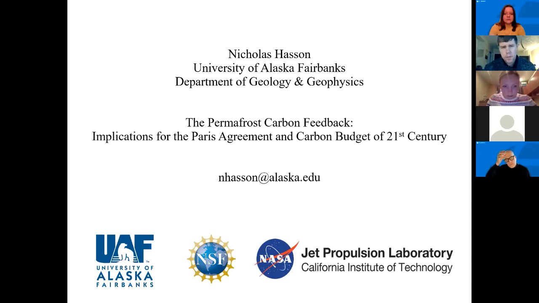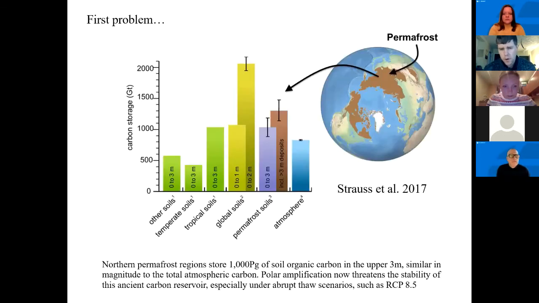So first, the problem is that the permafrost soils contain an enormous amount of carbon, as you're mostly aware of. Just in the top 3 meters is 1,000 gigatons, or about 100 years worth of human emissions, potential emissions, right?